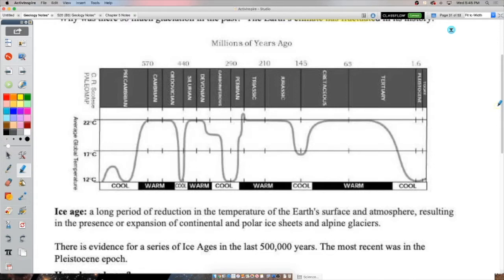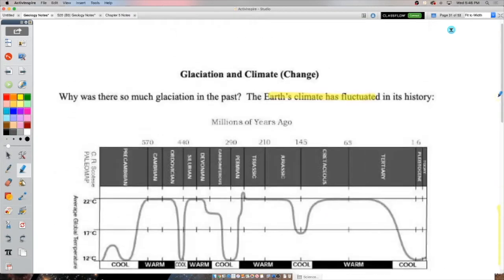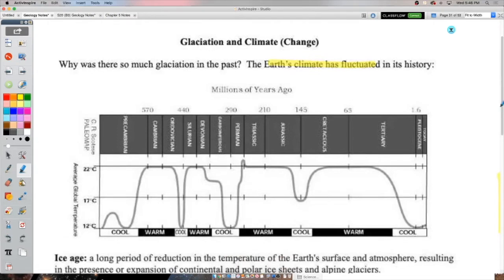You can see here a graph of the Earth's temperature as a function of time. You have these cool periods, cool, warm, cool, warm. And notice the time scale up here, right? We're talking over millions of years. And I bet you're probably saying to yourself, how could we possibly know the temperature of the Earth 570 million years ago? Well, we have a pretty good way of estimating it, and we'll talk about that in a second.